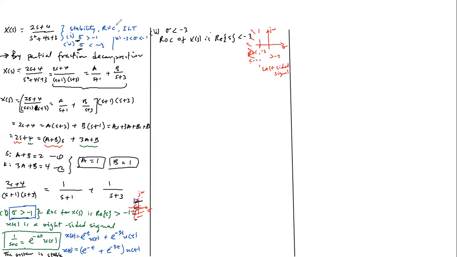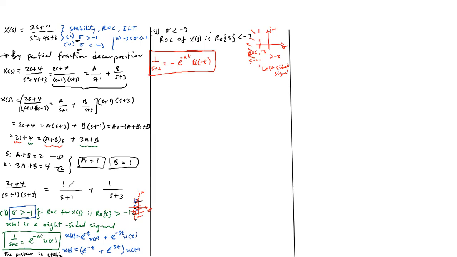So recall that 1 over s plus a is the same as minus e to the minus a t, u of minus t. This is the inverse Laplace transform from the Laplace transform pair for the left-sided signal.